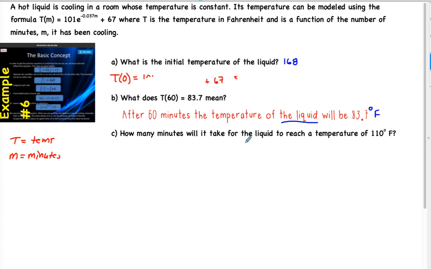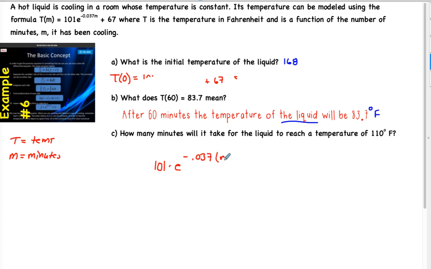How many minutes will it take for the liquid to reach a temperature of 110? Okay, so there is what we are talking about where we used to use Desmos back when we had exponents. But we want to know 101 times e to the negative 0.037.